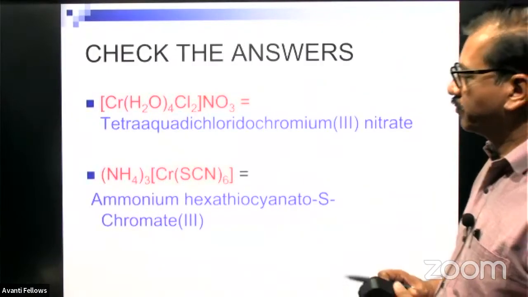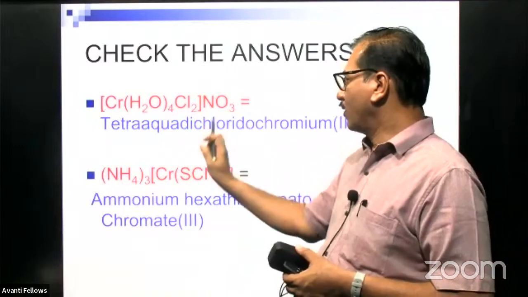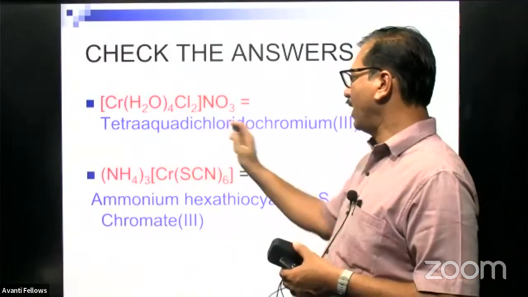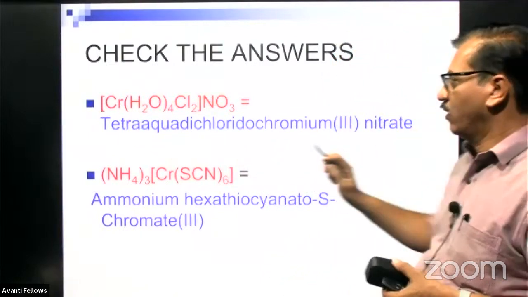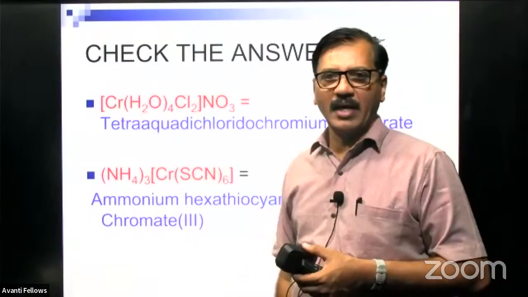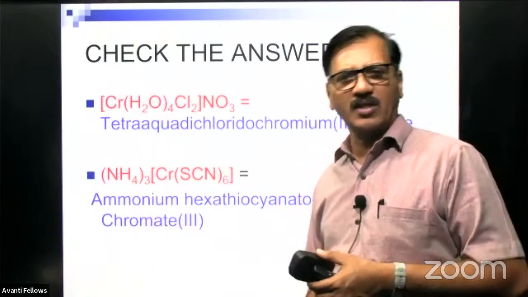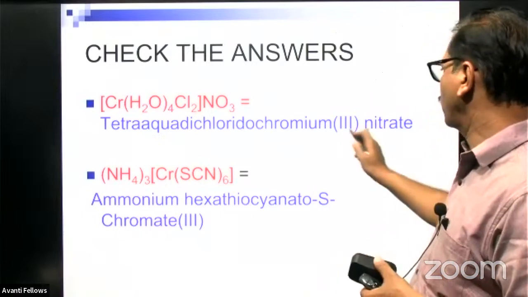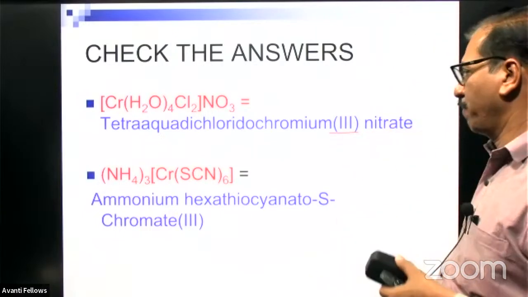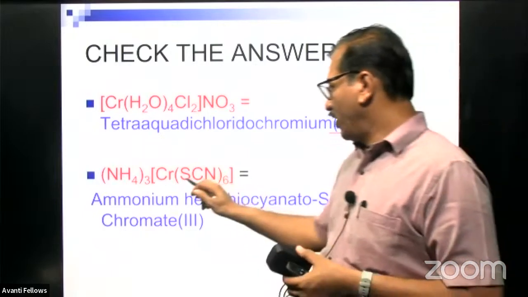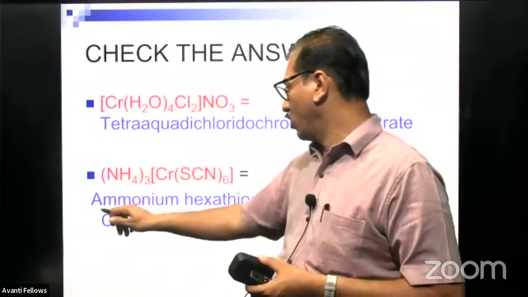This is tetraaqua dichlorido chromium 3 nitrate. Normally for chromium and cobalt, the oxidation state will be 3. Only in special cases it can be different. Otherwise, for chromium, it will be 3. Now here SCN is there and ammonium ion is there as a cation.